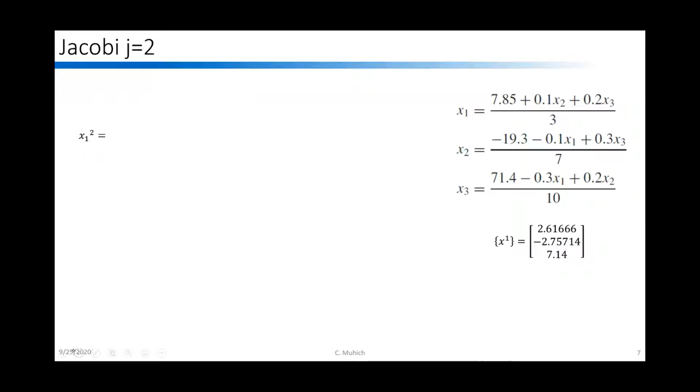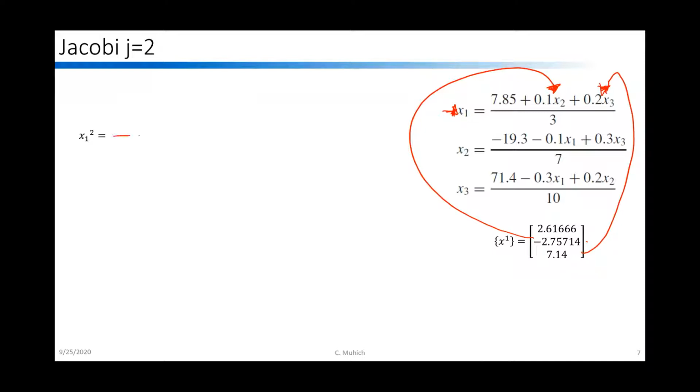So now I'm ready to do x1 again. Here I'm going to still use my x1 equation, but now I'm going to use the x2 and x3 from my first iteration of the x's instead of 0.